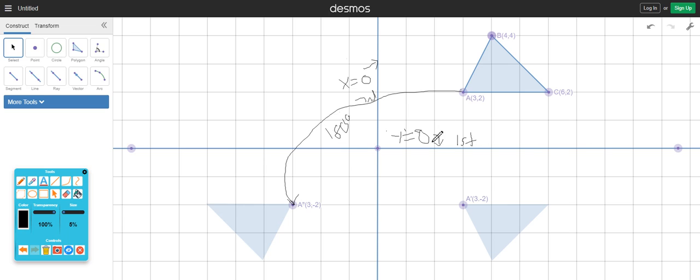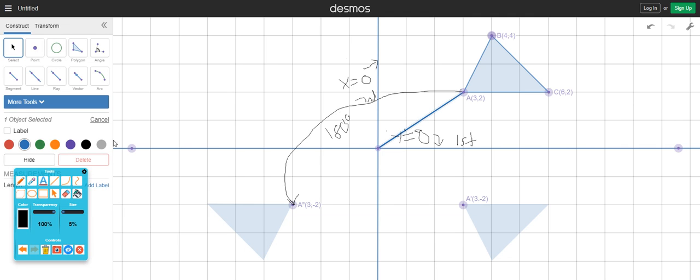You are 100% right. So I'm going to use a segment this time. Maybe it'll make more sense. If we make a little segment from here to here, and I'm going to make this orange, and if we make a little segment from here to here, again, I'm going to make this orange. If we look, that looks like 90 degrees to me.